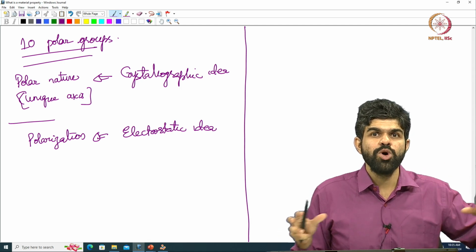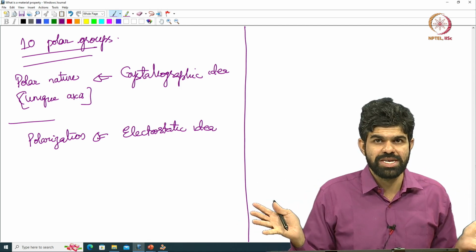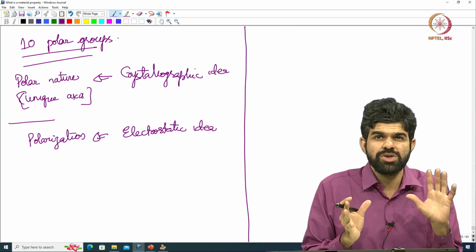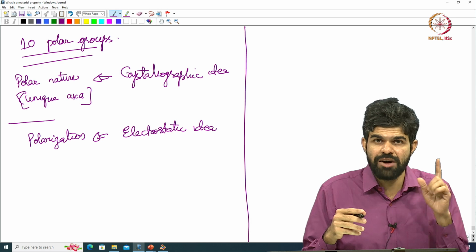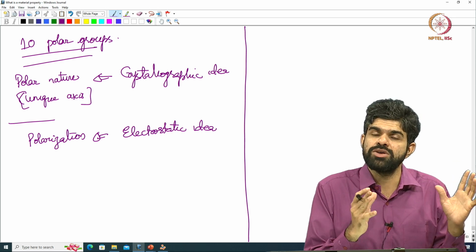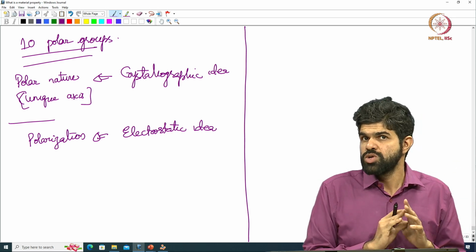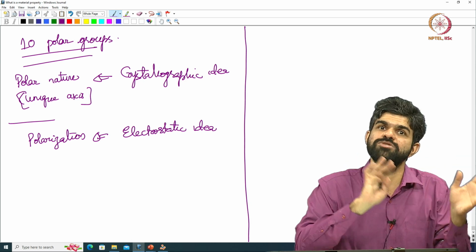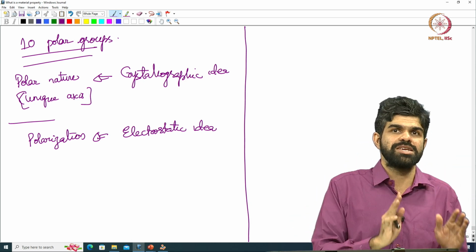A polar group does not say anything about polarization. It just becomes a consequence that I have polarization for my crystal which is polar. Polar is an idea that comes from crystallography. Polarization is an idea that comes from electrostatics.